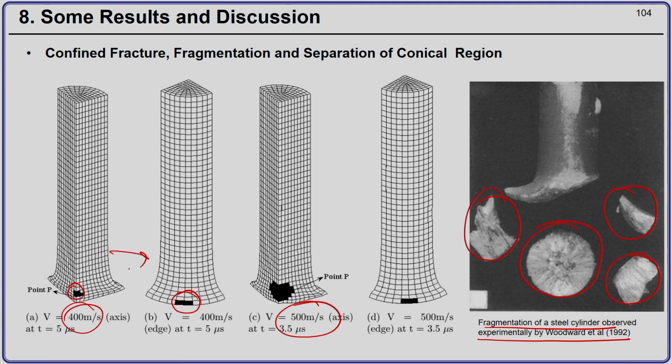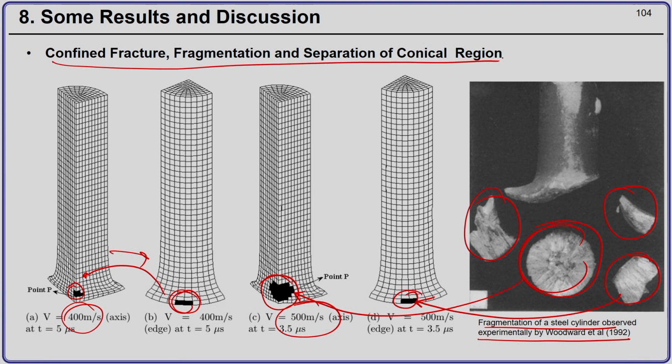So, they are the same view. So, this is actually at the other side. Okay. And for higher impact velocity, you can see that at the middle there is a huge chunk like this here, and in the outer surface you will have chunks like this here. Okay. So, again the numerical simulation is able to capture what is called the confined fracture, fragmentation and separation of the conical zone. Okay. So, this is the conical zone and this is the fragmentation which is coming out.